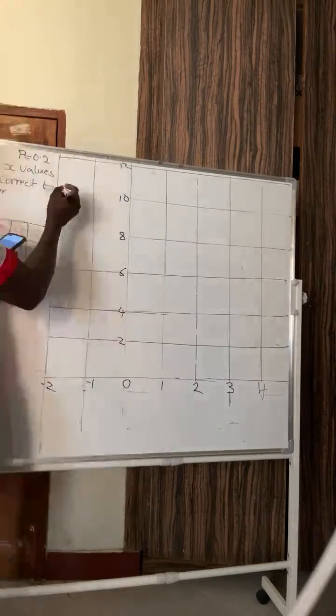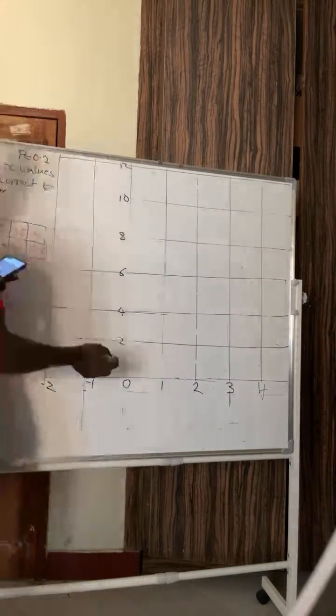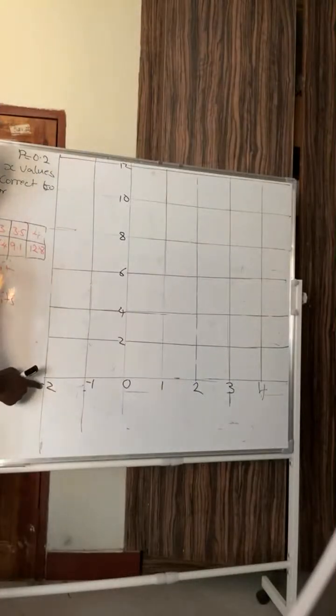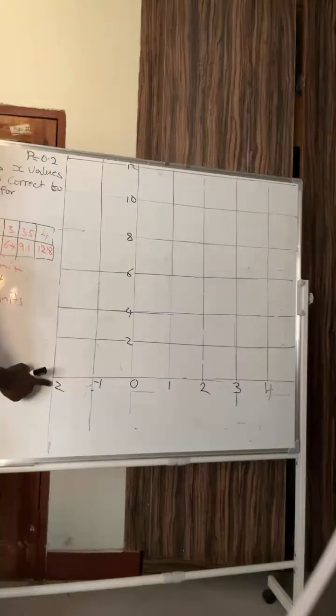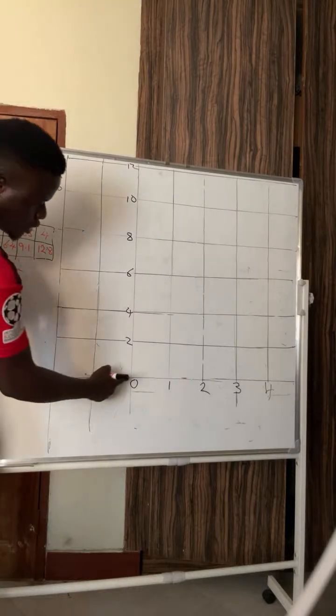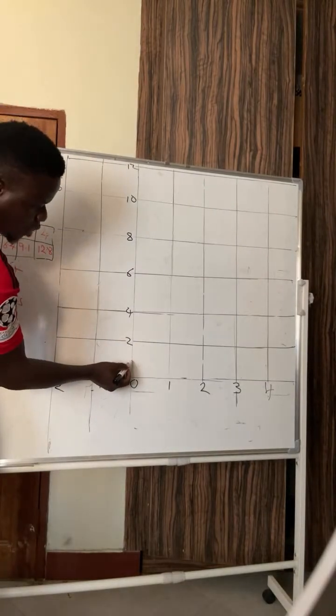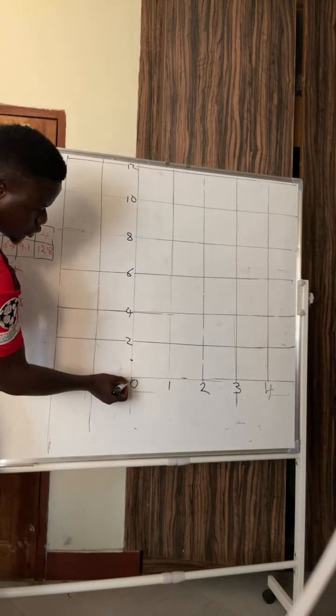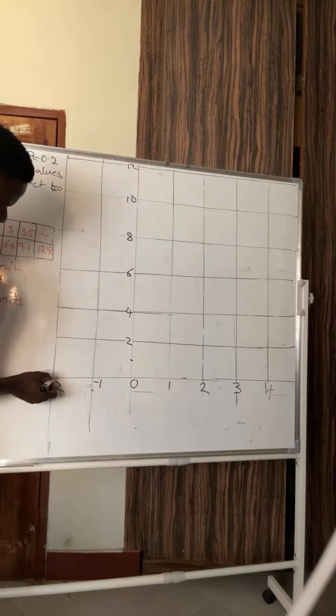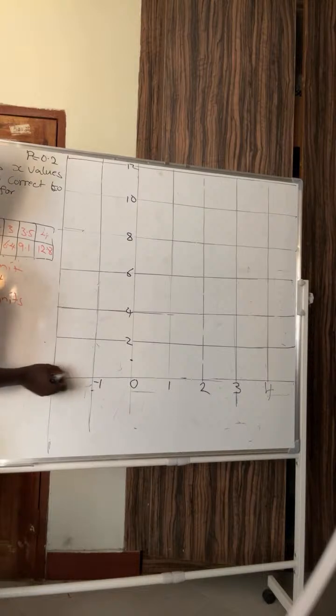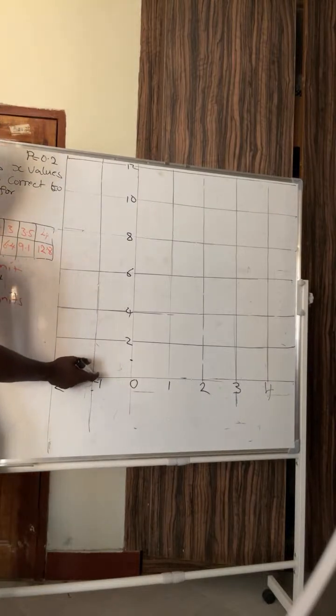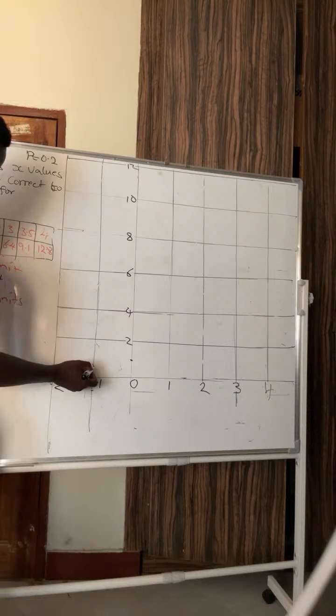So -2, 0.2 is here. We move first: negative 1, 0.4, meaning it's around here.